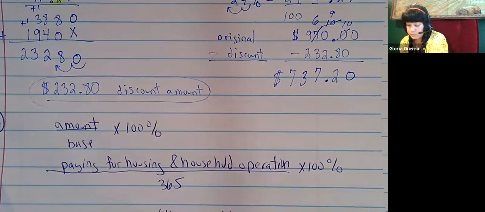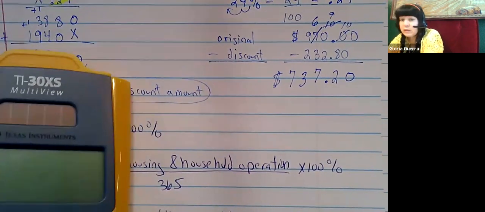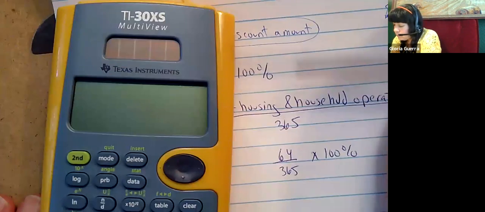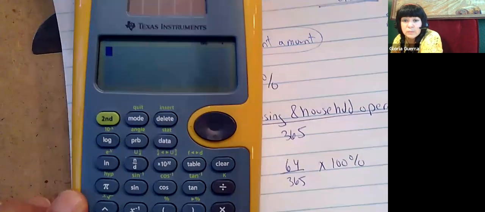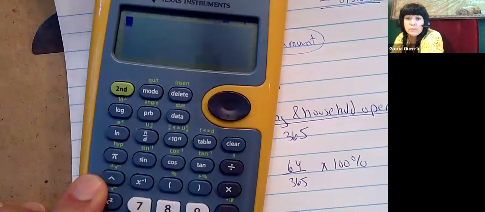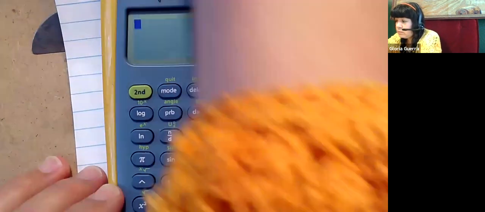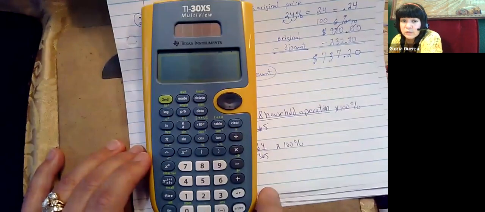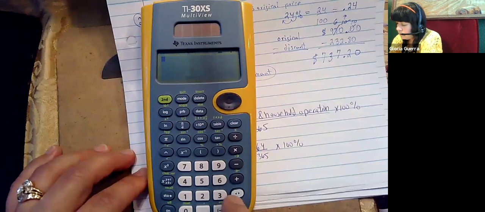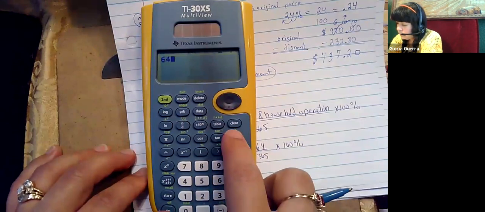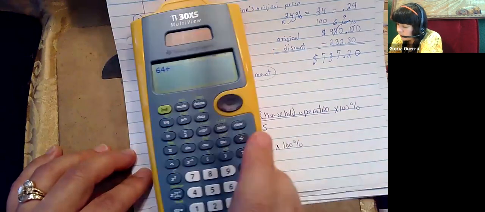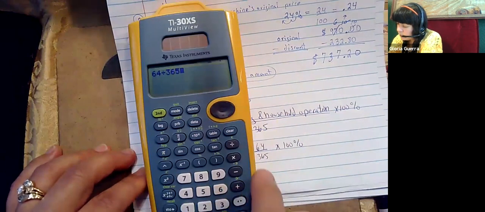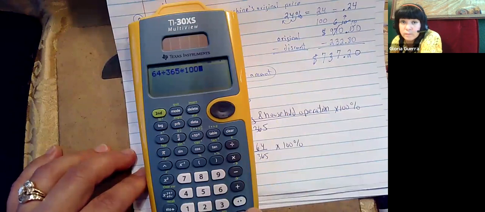Okay. So then I type that into my calculator. I do 64 divided by 365, and then times 100.